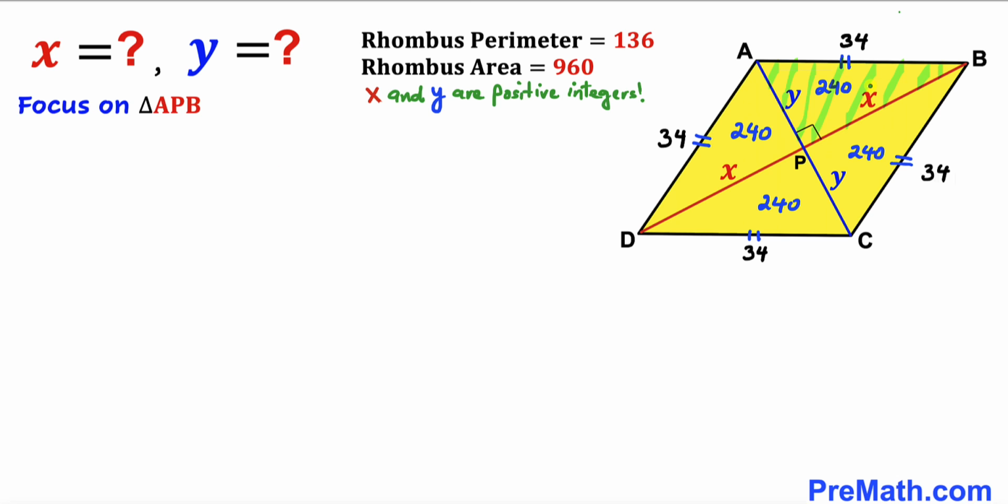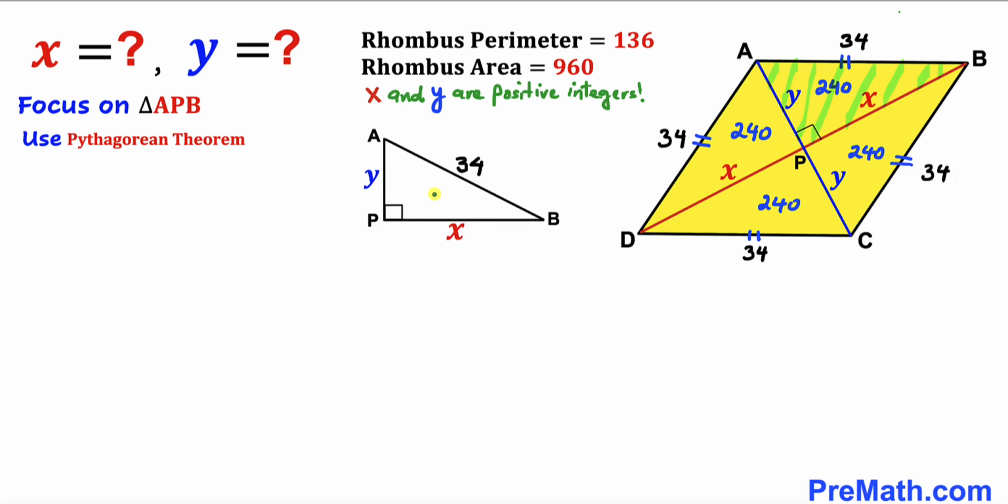Here's our next step. Let's focus on this right triangle APB. Here I have copied it down, whose side lengths are X, Y, and the longest side is 34. Now we are going to use the Pythagorean theorem: a squared plus b squared equals c squared.